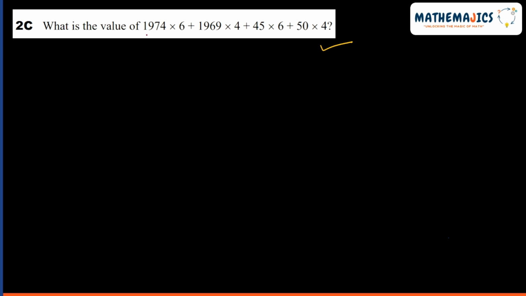We can make one group out of this and this because these numbers are getting multiplied by 6. Second group can be created out of this and this because in this both numbers are getting multiplied by 4. That's why this will be our second group. So let's write them in groups.